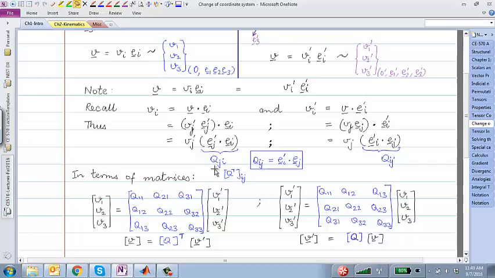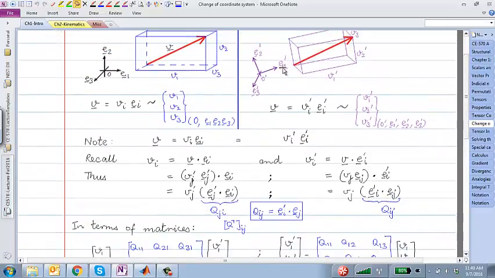And keep in mind, the definition is very precise here. You have to be very careful with the definition. Qij is equal to Ei prime dot with Ej. So the first index, I, is always associated with the primed basis vectors, and the second index, J, is associated with the unprimed basis vectors.